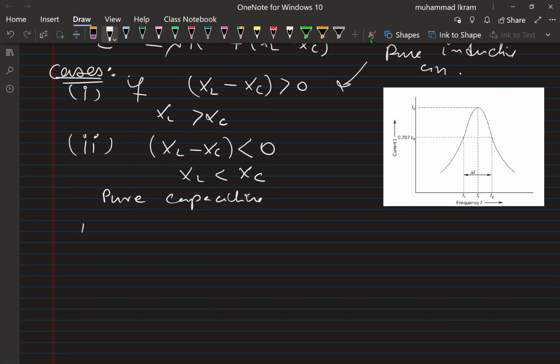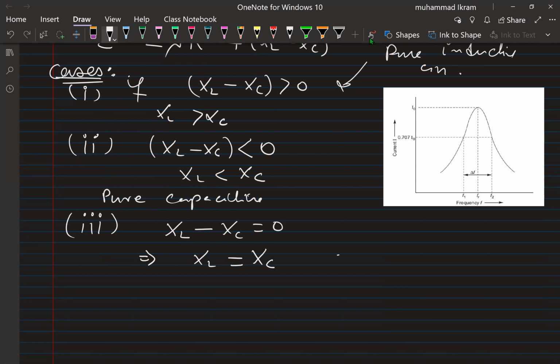Now there is another important case, the third case: if XL minus XC is equal to 0, that is, XL is equal to XC.